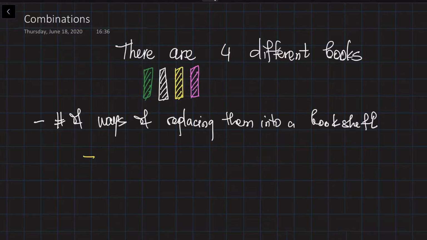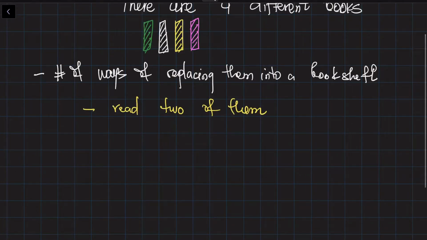So you would like to read 2 of them. So choose 2 of them, and I would like to know how many different lists of books you can create. For example, you may choose the white one and the pink one. So it's going to be just one set.